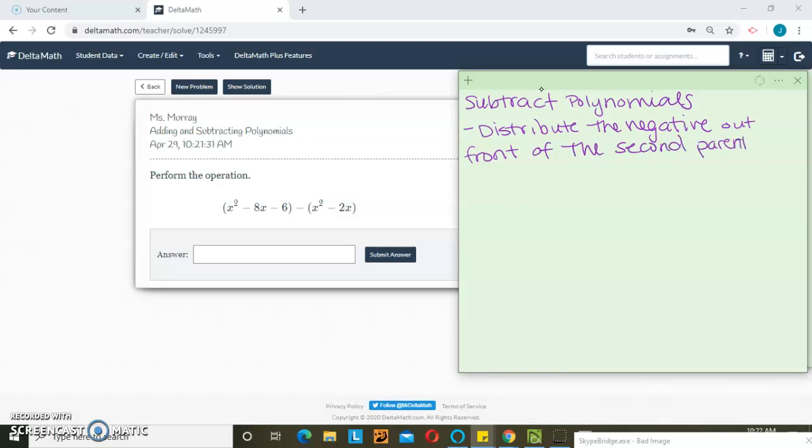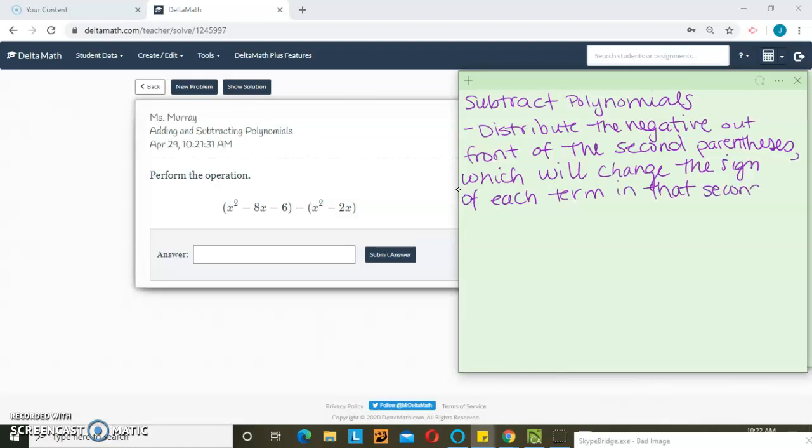Unlike the plus sign we had in the last problem, that negative sign is going to change the sign of each term in that second parenthesis only. Once we take care of that, then just like the previous problem, you're going to combine like terms.